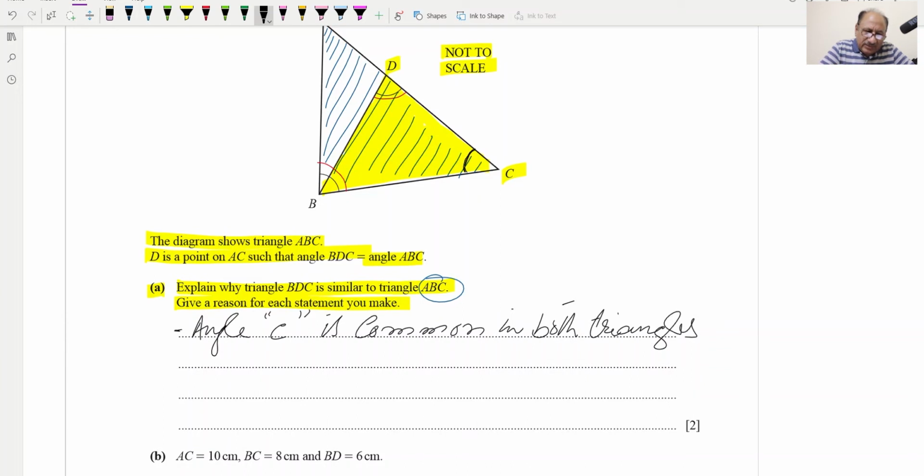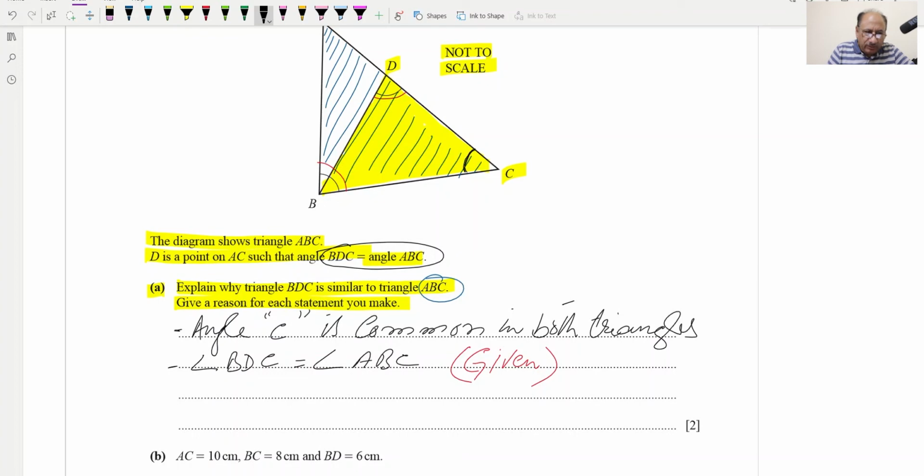Now the second thing which we'll be mentioning is angle BDC is equal to angle ABC, and this is basically the given. So we will write this is given in the question. So this is our given part which we have mentioned over here.